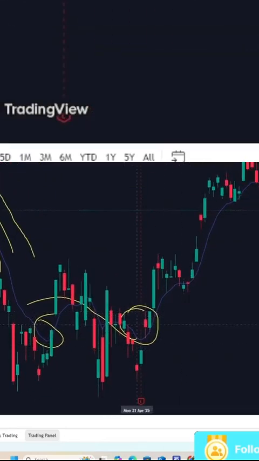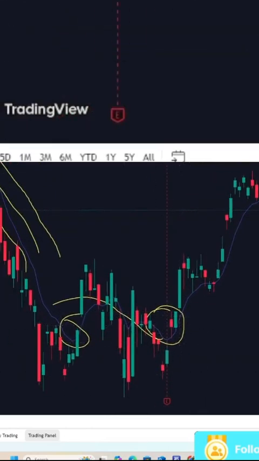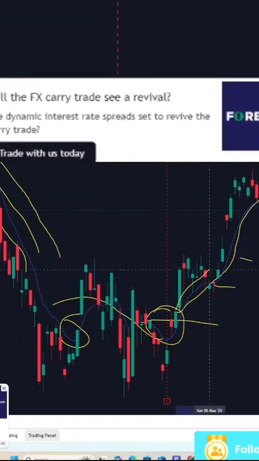I will buy back there myself because the moving average is now below the price. After I buy back here, I will still be in the trade because my moving average is below the price and the stock is going up. See? And I will get out from there myself.